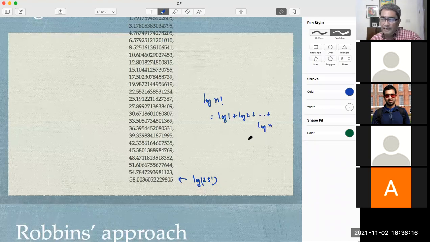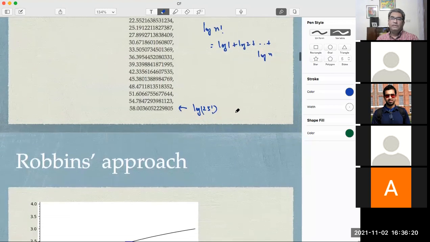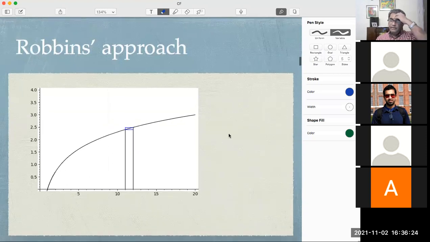When you look at something like this, you can think of an integral. And what we will do is give you an approach given by Robbins to come up with Stirling's formula.